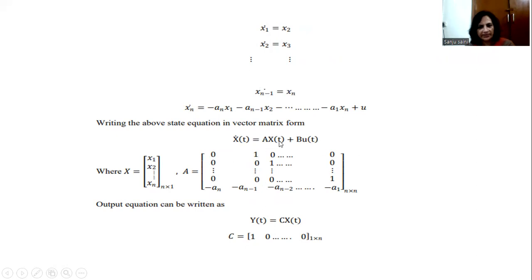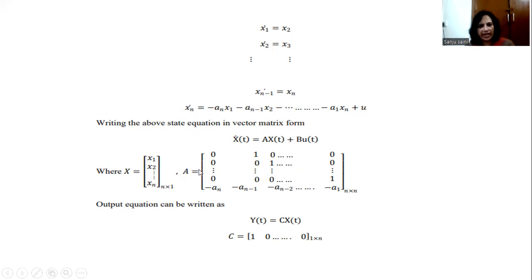Here xt is x1t, x2t up to xnt, and there is no dependence on u for all these n minus 1 variables. There is dependence on u only for the nth state variable. So we'll get B as equal to 0, 0, 0, 0, 1.